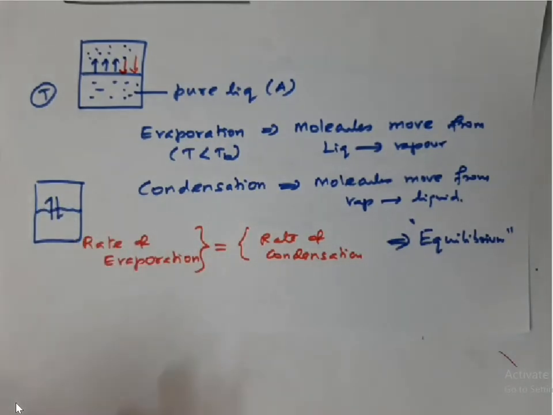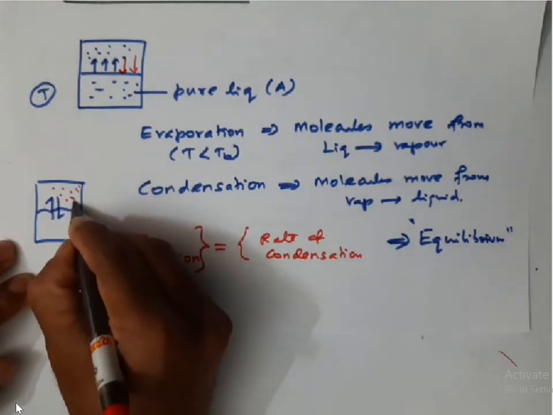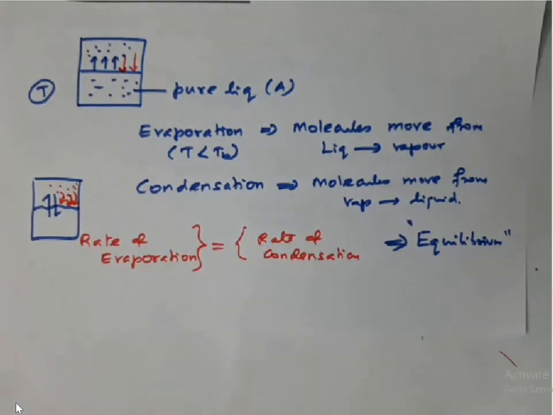At equilibrium, the molecules present in the vapor phase above the liquid will exert some pressure on the surface of the liquid. That pressure is what we call vapor pressure.